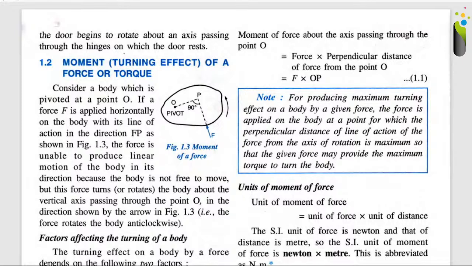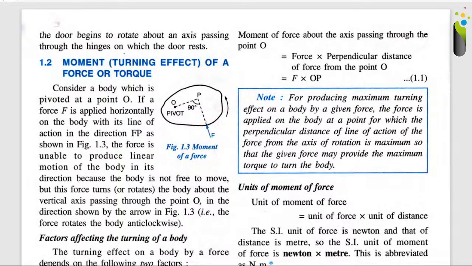Consider a body which is pivoted at a point O. If a force is applied horizontally on the body with its line of action in the direction FP, as shown in figure 1.3, the force is unable to produce linear motion of the body in its direction because the body is not free to move, but this force turns or rotates the body about the vertical axis passing through the point O in the direction shown by the arrow in figure 1.3. That is, the force rotates the body anti-clockwise.